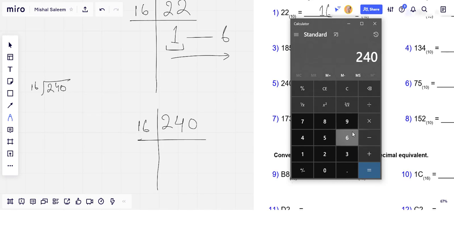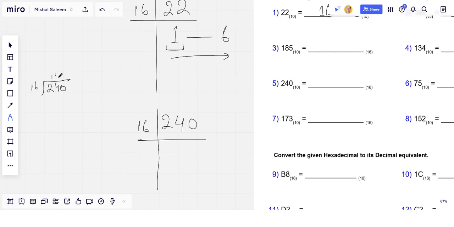So 240 divided by 16 gives us 15. So 16 times 15 is 240. 16 times 15 gives us 0 remainder. Now this 15 is less than 16, so that means we can't go further, and that's it, we are done. So 15 and 0.